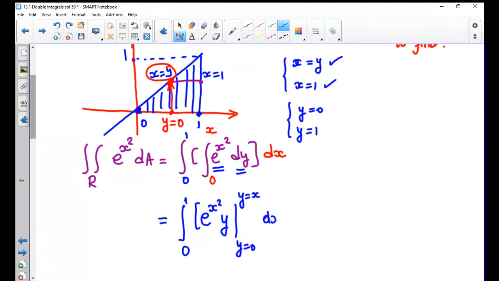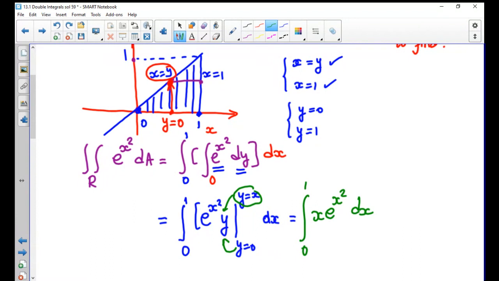And then dx. So now substitute this here. We will get the integral from 0 to 1 of x e to the x squared, and at 0 it's going to be 0, dx.